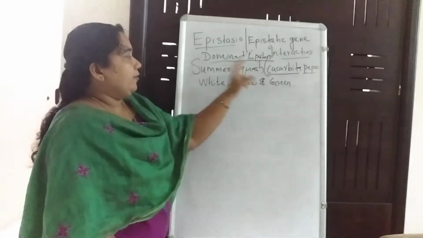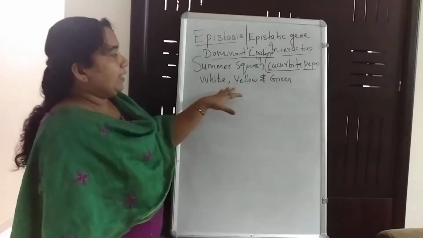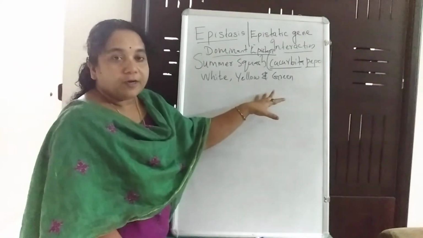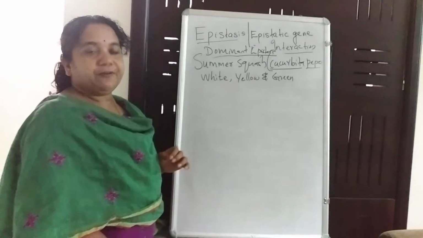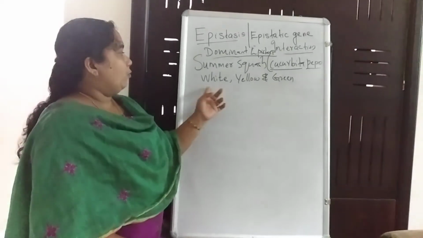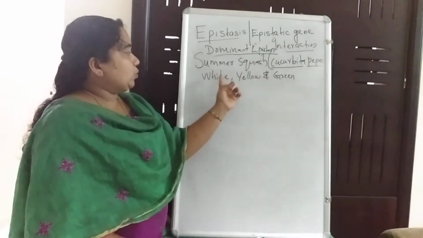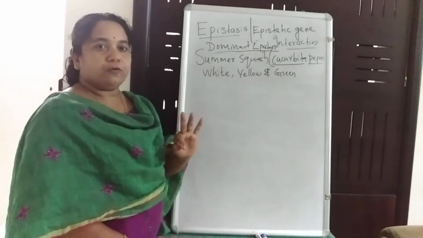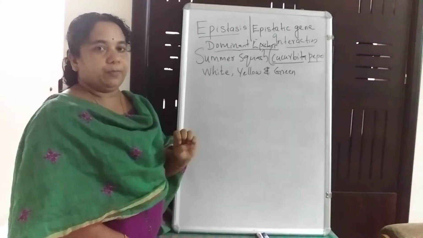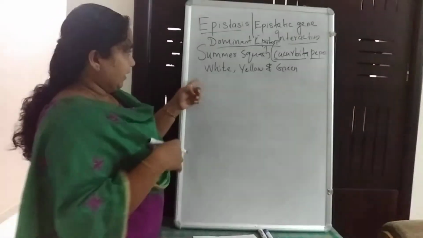When we observe the summer squash, three different fruit color morphologies are noticed: white, yellow and green. These are the three different phenotypes of Cucurbita pepo, which we call summer squash.